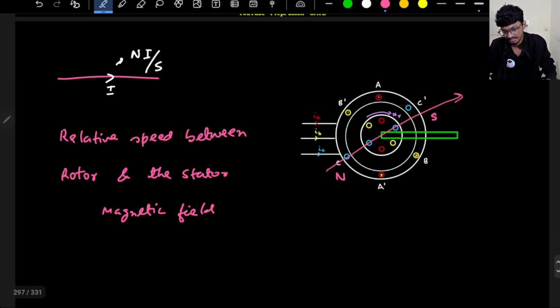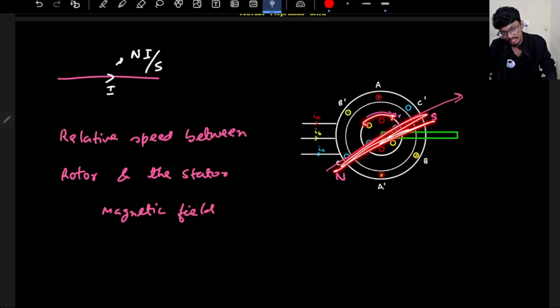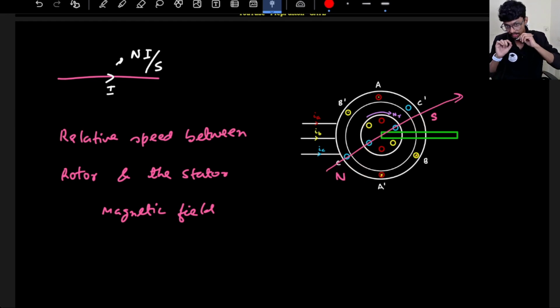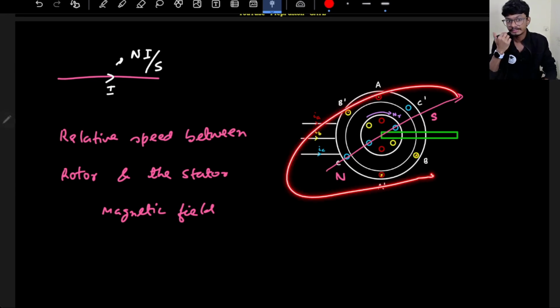In which direction is the relative speed? The rotor is rotating and the stator is telling it to stop. What used to happen? I just told you, the rotor magnetic field follows the stator magnetic field. The rotor always follows the stator magnetic field. Here the same thing will happen.